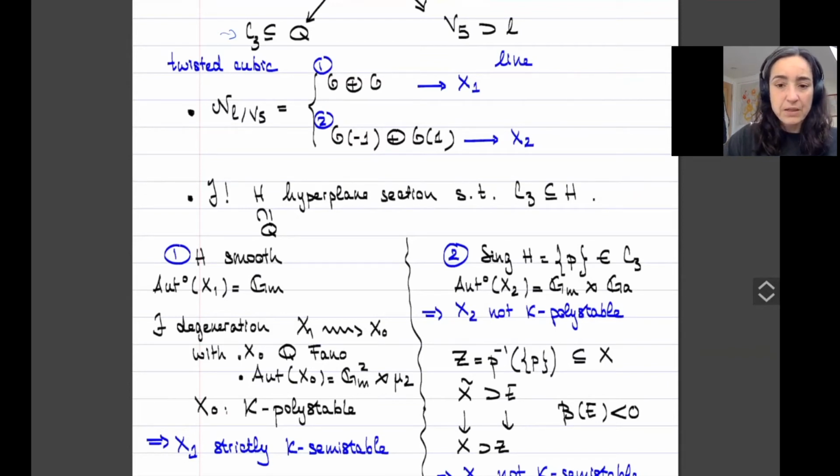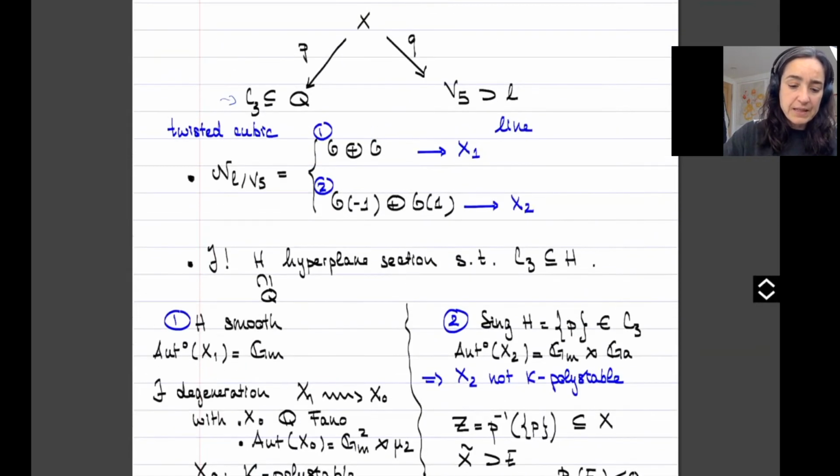So here X1 is strictly K-semistable. I should say that this X0 is essentially obtained by degenerating the quadric surface on which C3 lies to a quadric cone, as in the special degeneration that I wrote earlier.